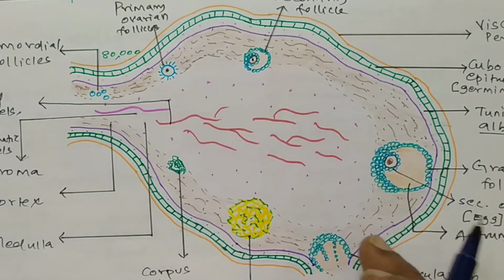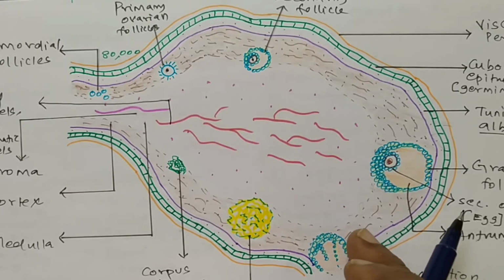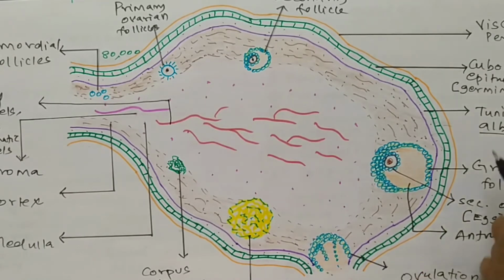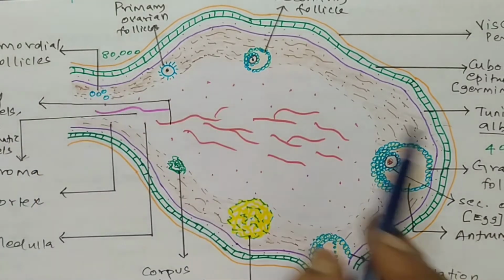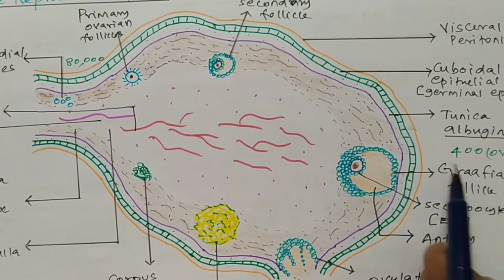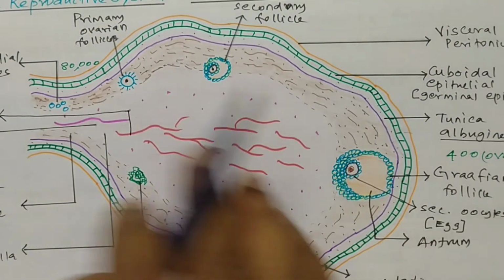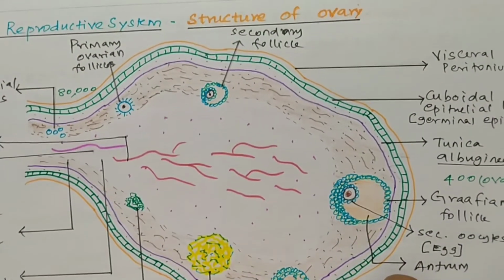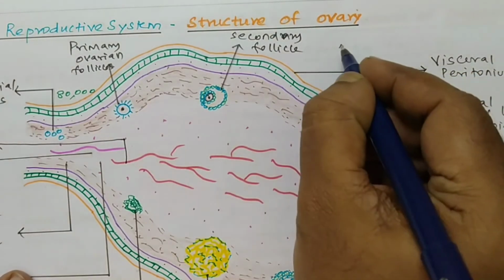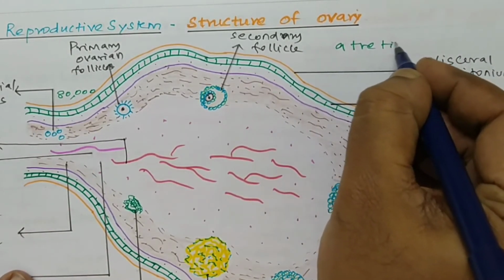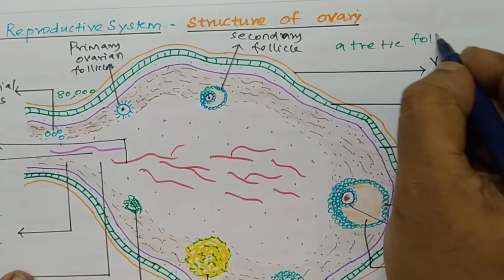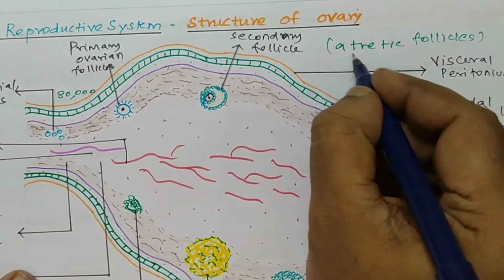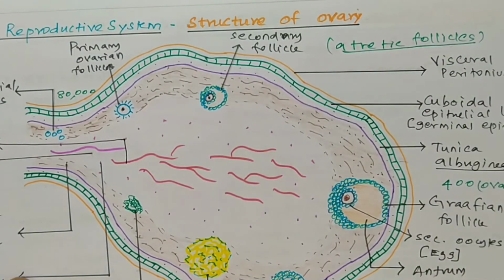So at the time of puberty, the female ovary has only 400 mature ova. From 80,000 it is reduced to 400. That means many follicles become degenerated. The degenerated follicles are said to be atretic follicles.